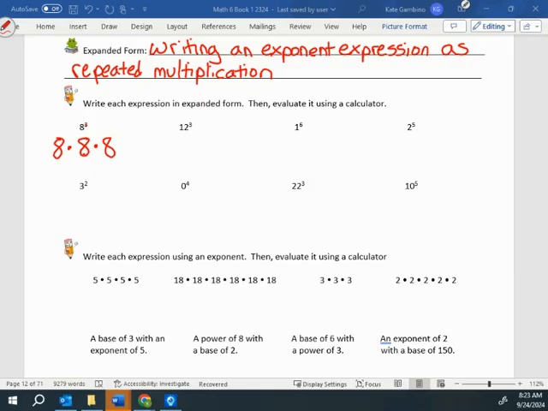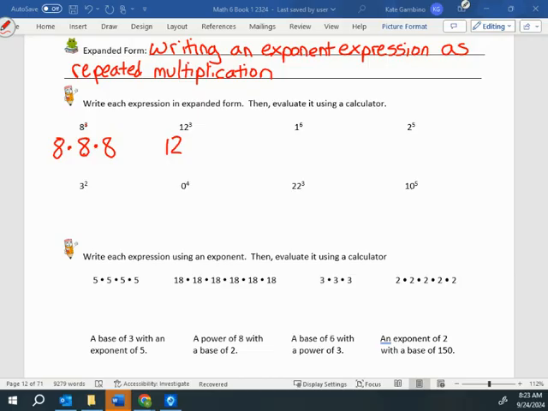Let's look at our next one, 12 to the third power. What number do I want to put first? Kylie? 12, because that's my base. That's the big number. What else am I going to put, Sarah? Say it louder for me. 12. I have 12.